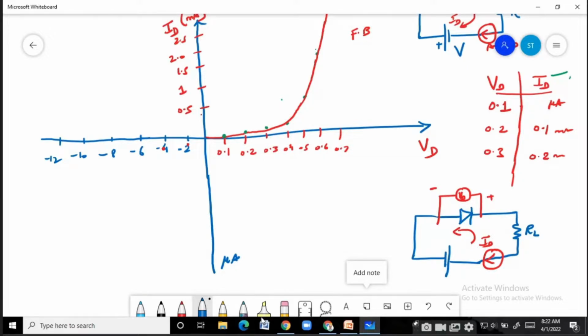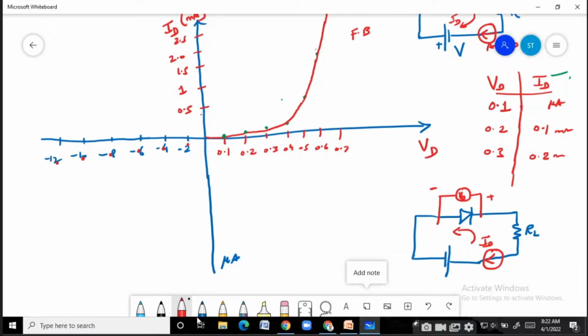So when you increase it to -6, again there is a small increase in the current. You get these points like this. -8, a small increase. -10, a small increase. -12, again a small increase.